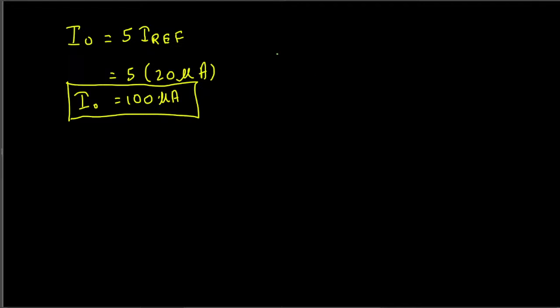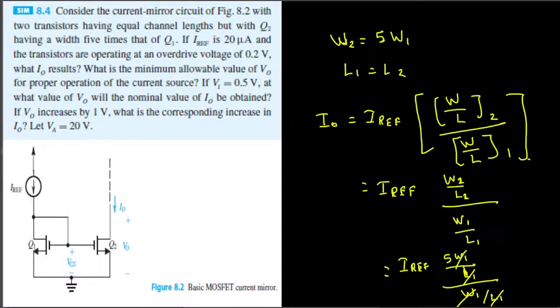What else is required? Let's look at the question. They ask what I0 results and what is the minimum allowable value of V0 for proper operation of the current source. Okay, we have to find the V0 minimum value.